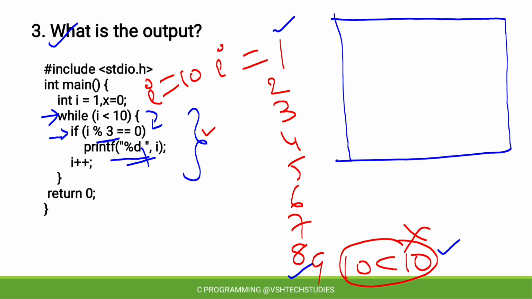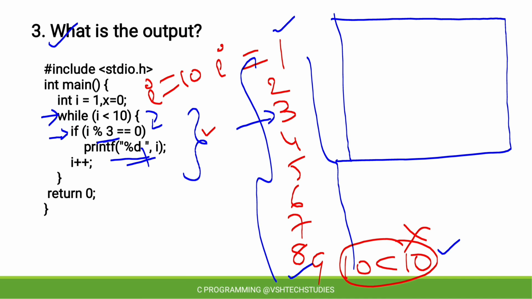So out of these I values, only for 3, then 6 and 9, I mod 3 will be equal to 0. Only they will be printed on the monitor and space will be left. So 3 is printed, space is left. 6 is printed, space is left. Then 9 is printed, space is left.